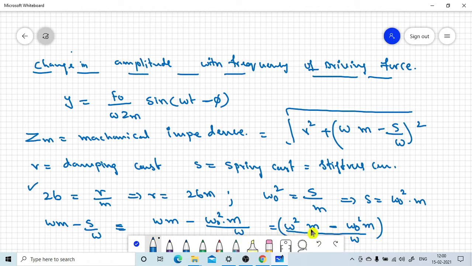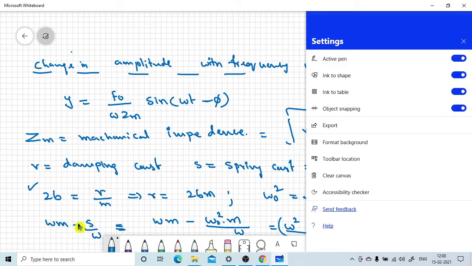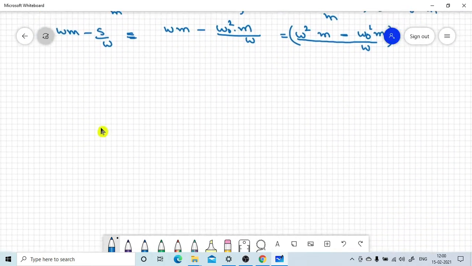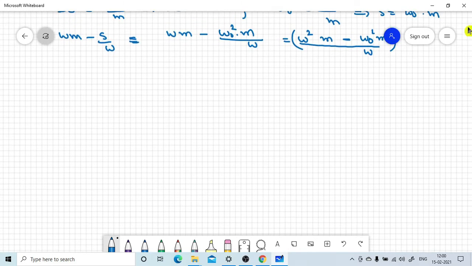Now I can take omega m by omega out of these two terms; the square is there, I will substitute it after that. Now what is the value we got?